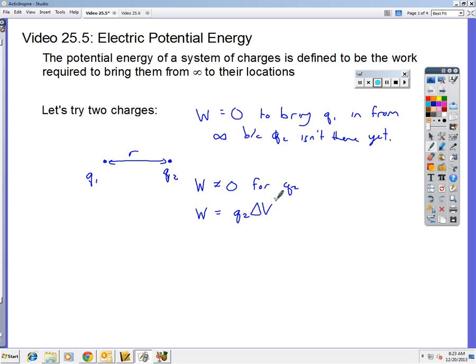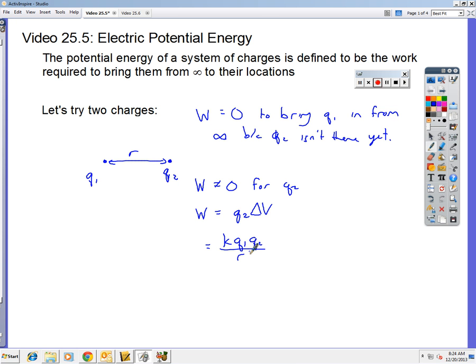So we're moving Q2 from 0 potential at infinity up to non-zero potential near Q1. And so this delta V here is the potential due to Q1. And that works out to be kQ1 Q2 over r, the electric potential energy of two charges.